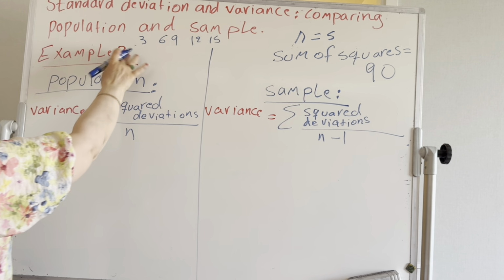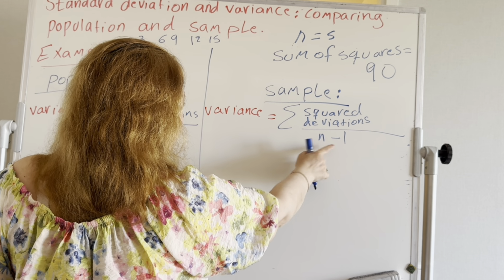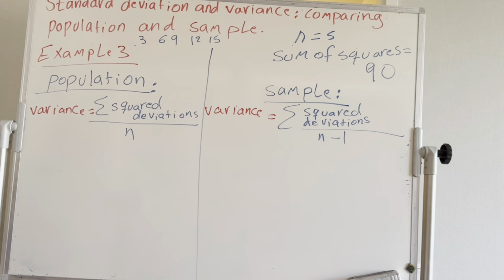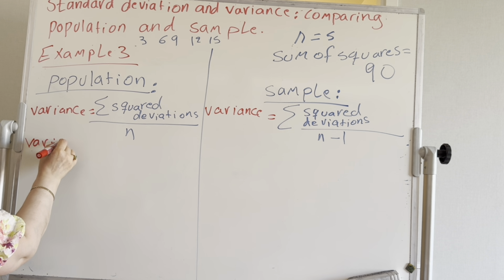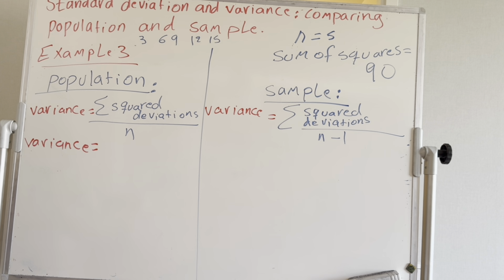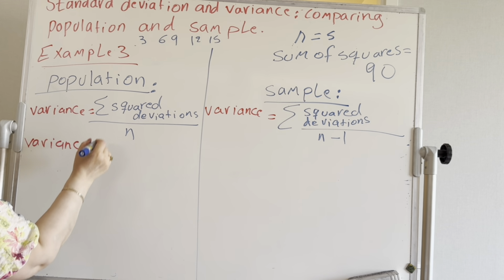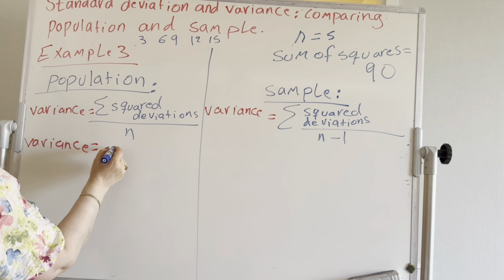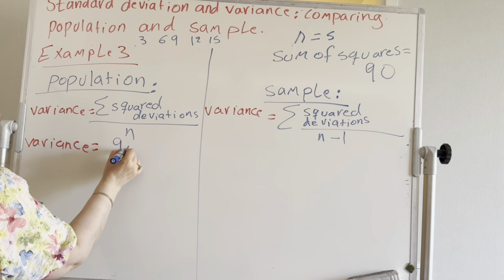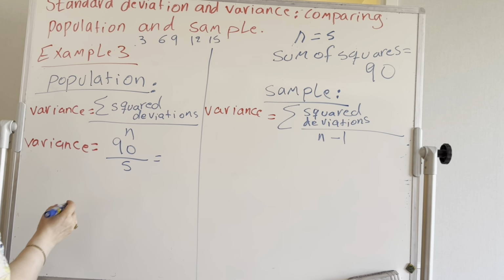And when it's sample, we divide by 5 minus 1, which is 4. For population, variance equals the sum of squared deviations 90 divided by 5 equals 18.